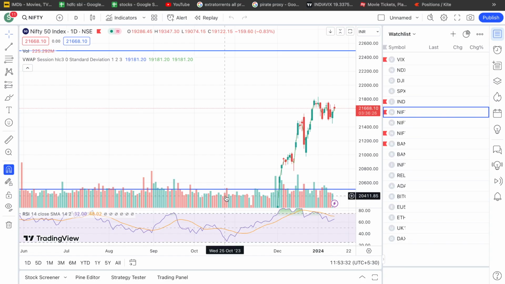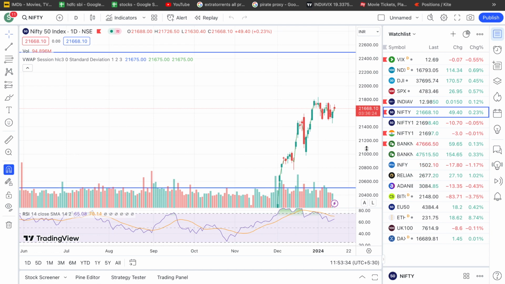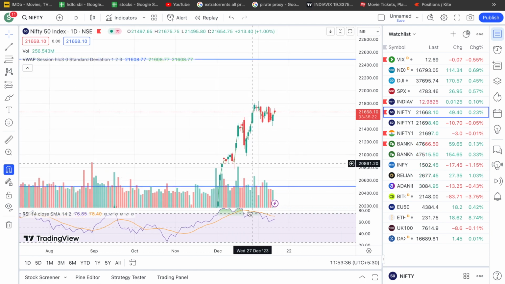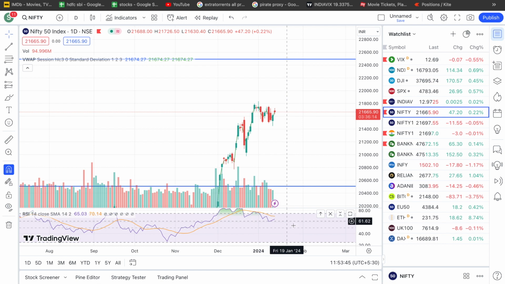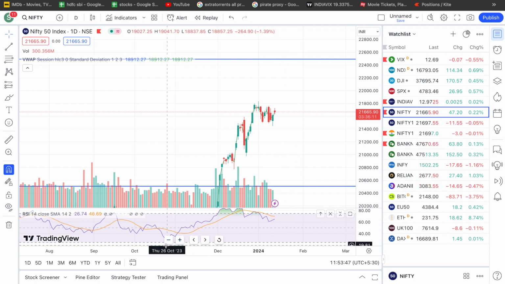On a daily chart, let's just take a look. The daily chart RSI is in a downtrend, but the downtrend is not that sharp. The uptrend here was sharp, but this downtrend is quite weak. The uptrend actually started since October 26th, and then it took till December, so almost November, December.